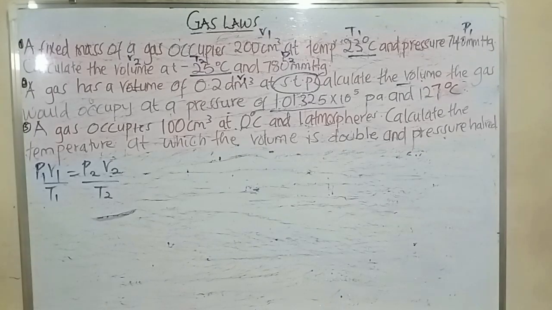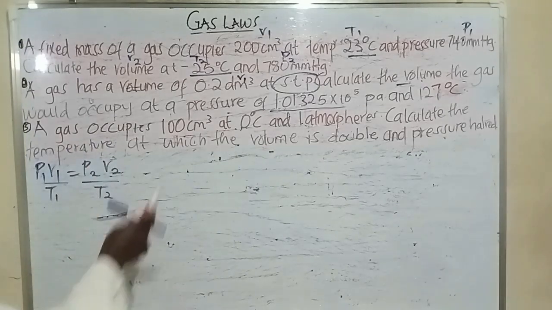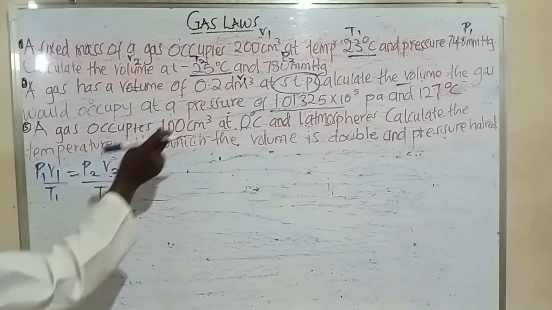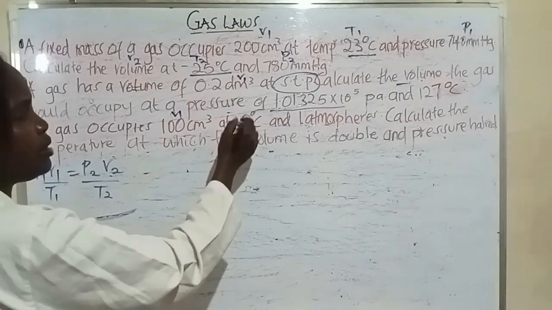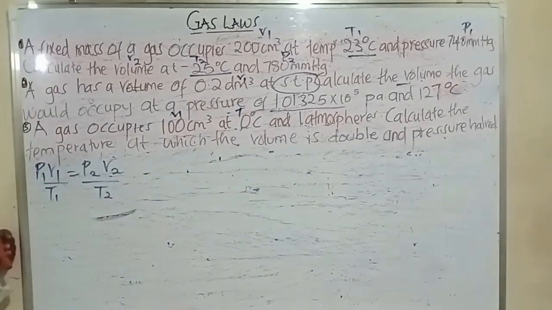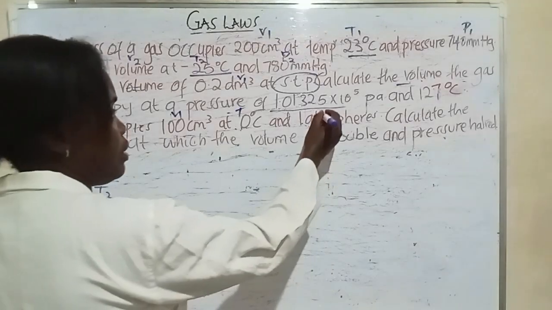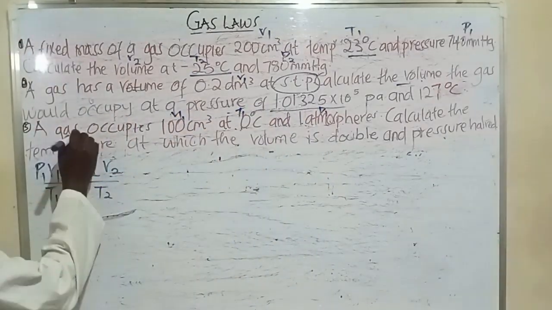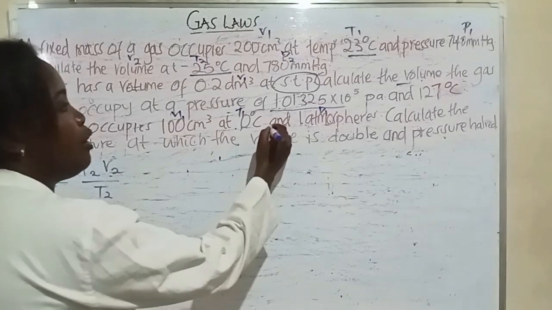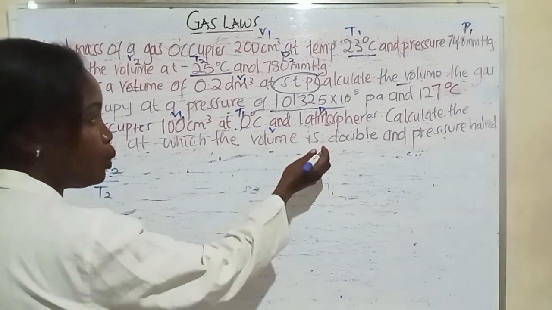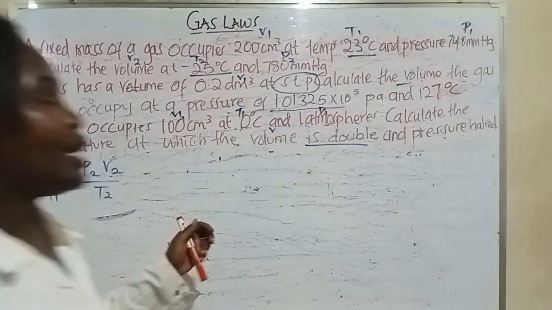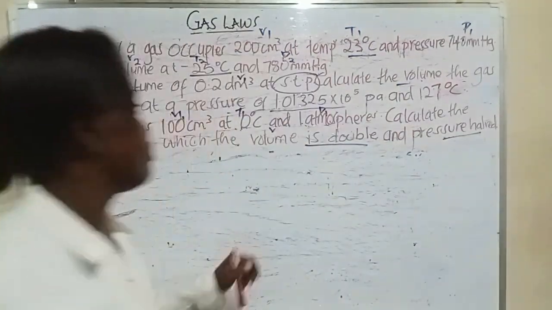The third and the last question, you're told a gas occupies 100 centimeters cubic. So this is V1, at 0 degrees, that is our temperature, and 1 atmosphere, we have our P1, T1, V1. Calculate the T2 at which the V2 is doubled and the pressure is halved.